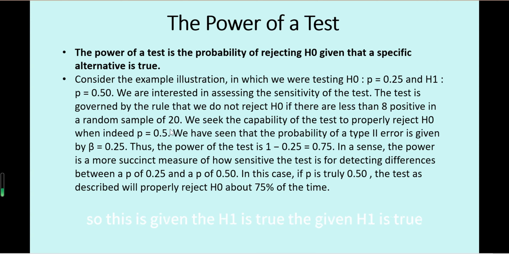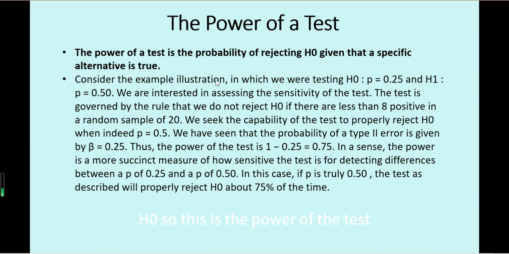So given H1 is true, about three quarters of the time we will reject H0, and another quarter of the time we will not reject H0, which is wrong. So about 75% of the time we correctly reject H0.